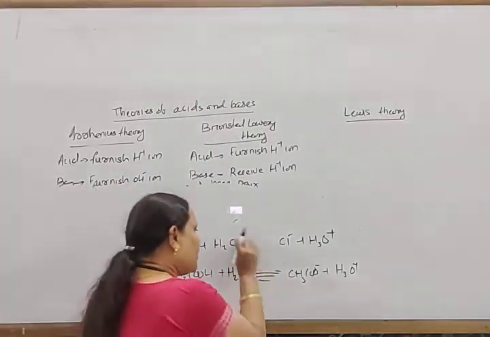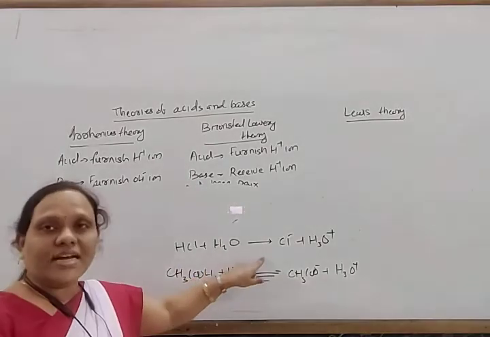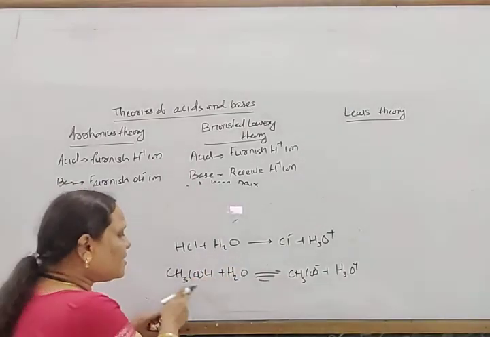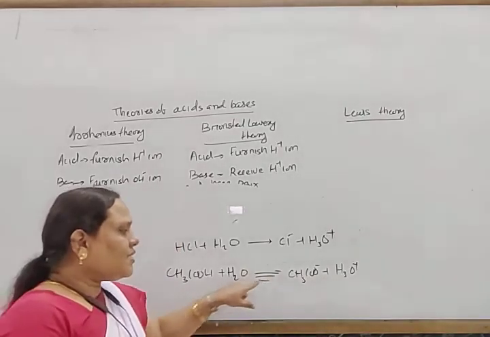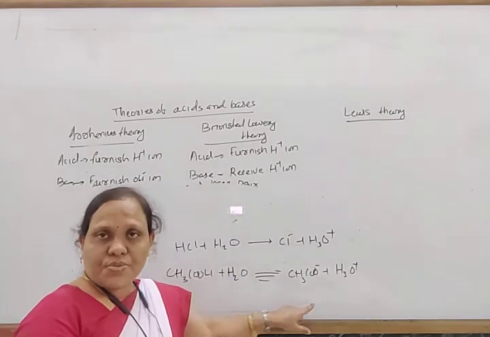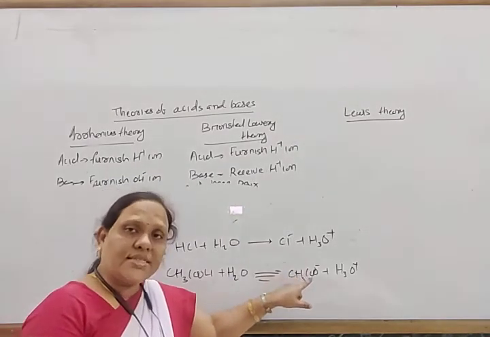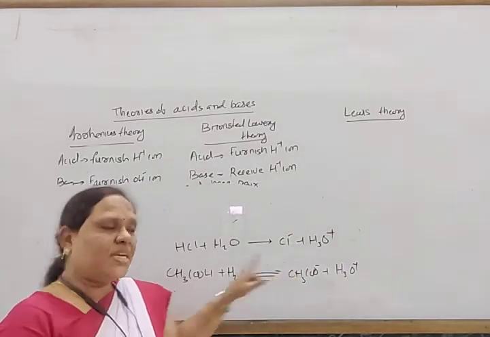Here generally we are giving this irreversible sign. But for CH3COOH, it is in equilibrium, weakly dissociated to give CH3COO minus. Now it has more tendency to receive the H plus ion.